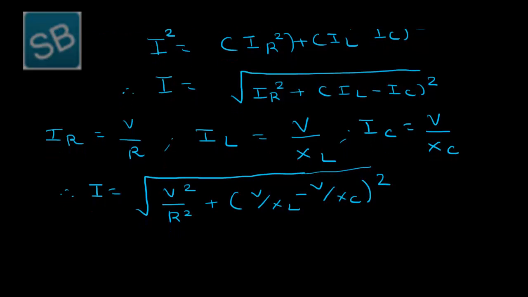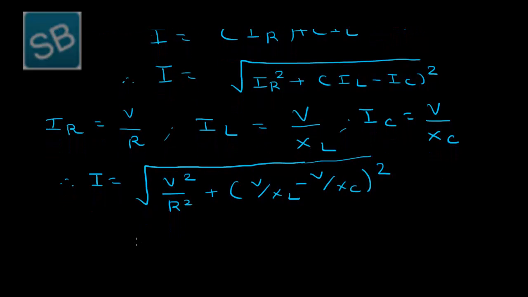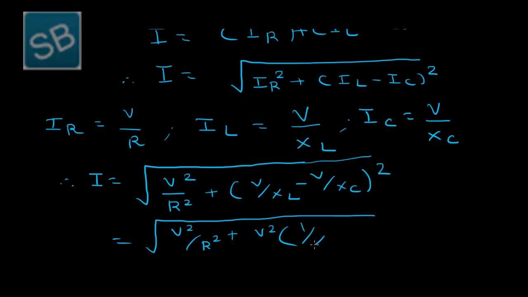Here V square will come out of the second term, so it is V square over R square plus V square into 1 over XL minus 1 over XC whole square. Now taking V square common and outside the square root, this V square will become only V.